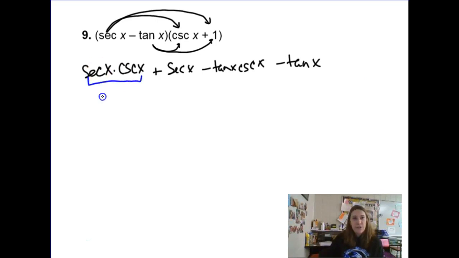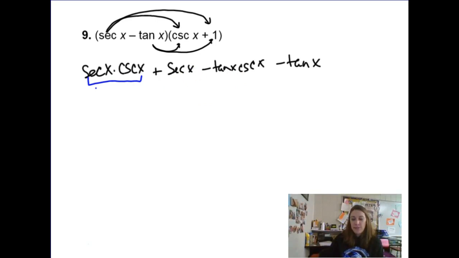Let's trade these out for their sine and cosines. So secant, yuck. Alright, this is 1 over cosine, this is 1 over sine, so what we have here is 1 over, you know, I'm going to hold off on trading anything there. Go to the next term for a moment.